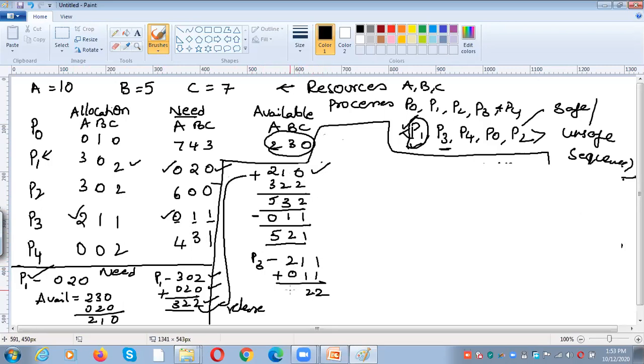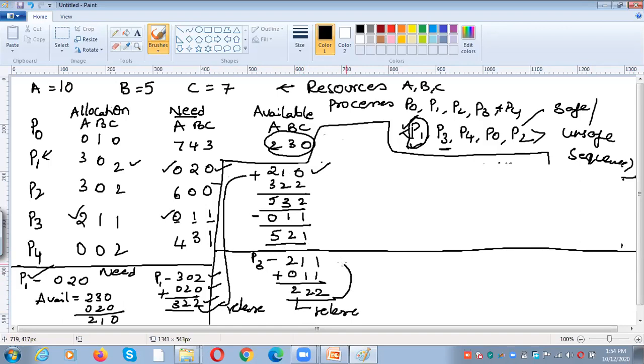Now 0 1 1 more. How many resources in total have you allocated to P3? 2 2 2. After using these resources, what will the P3 process do? It will release all these resources, so those will be added to the availability. 5 2 1 is already available, and now 2 2 2 is added to the existing available resources. 3, then 4, then 7.